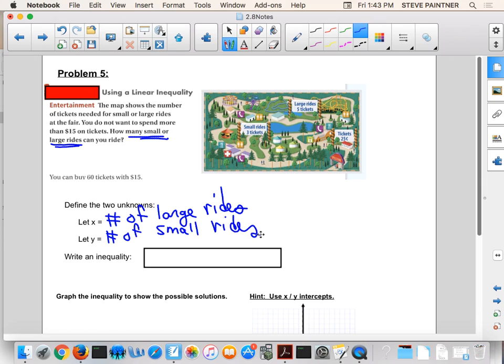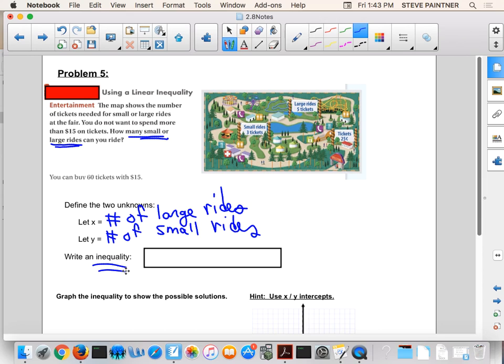Okay, well, here comes the problem. The big thing is, can you write some kind of inequality to match this story? And the thing you're looking for is how many large and how many small rides can I jump on?